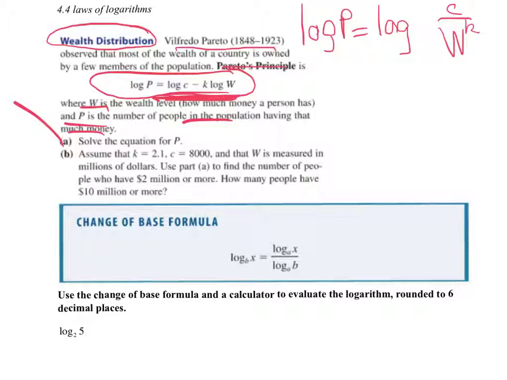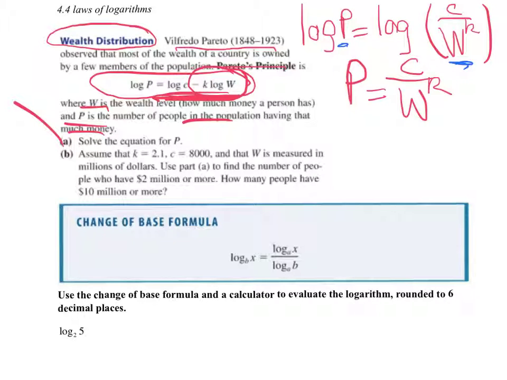And make sure you understand why it's W to the K power, because this is K log W, and the K becomes the exponent. Now, we use a property of logarithms. If the logarithm of P is the same as the logarithm of C over W to the K power, then clearly P must be the same as C over W to the K power. I said squared, but I meant to the K power. And in fact, now we have solved for P, because we know what P is.